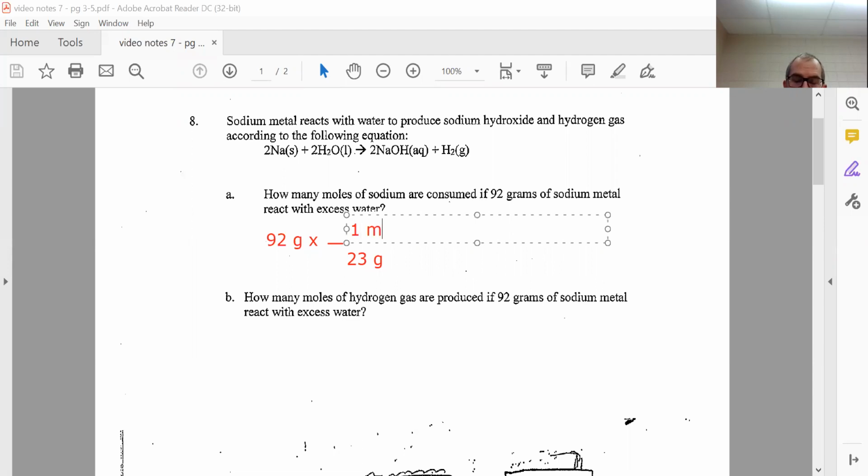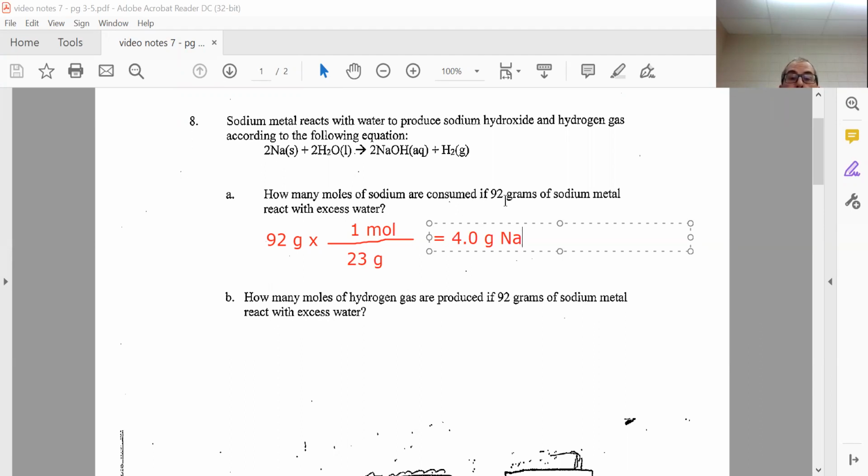So notice I'm saying times 1 mole over 23 grams, which would be like 92 divided by 23 grams. And that comes out to a nice even number of 4.0 moles of Na.